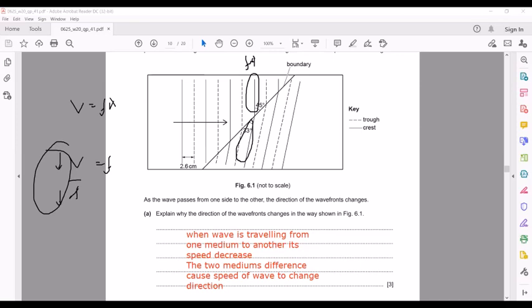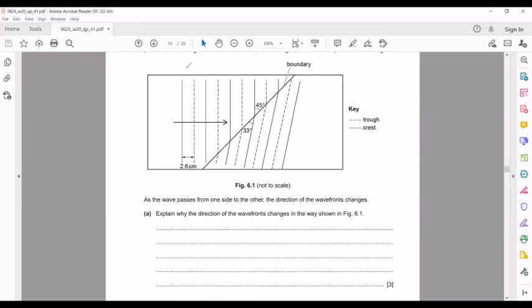The wave speed is smaller in the lower region as compared to the top region. How can both decrease while the frequency remains the same? Example: if the speed in this region was 10 and the wavelength is 5, then 10 divided by 5 is the frequency, which equals 2.